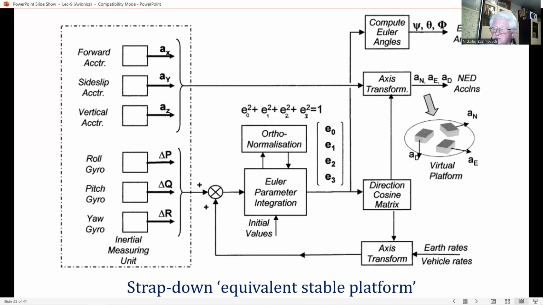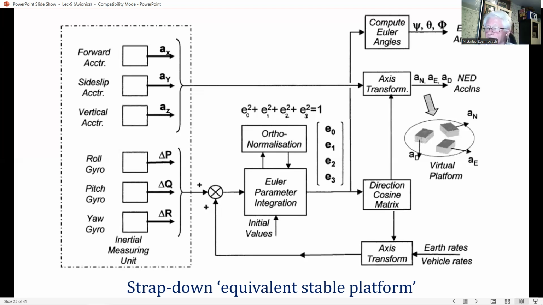This enables the strapdown accelerometer measurements, like Ax, Ay, Az, of the aircraft acceleration components along the aircraft body axis to be converted into the aircraft acceleration components along the local NED north-east-down axis.